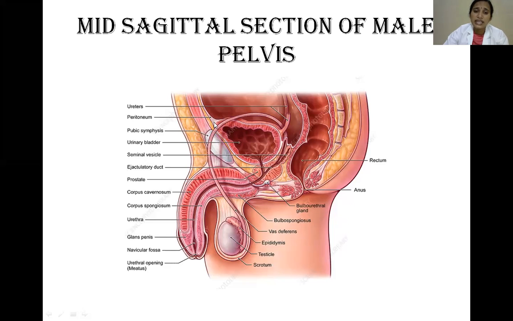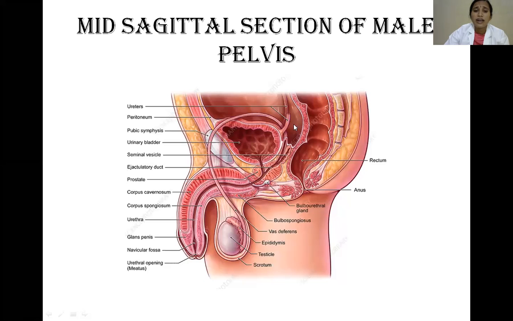This will be the median umbilical ligament. Next, behind the bladder, you are going to see the rectum. Above the rectum, this is the sigmoid colon, this is the rectum, which continues as the anal canal. This is a pelvic organ, and above there is the abdominal cavity.